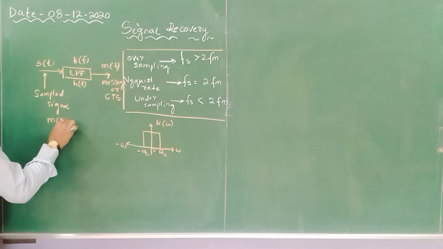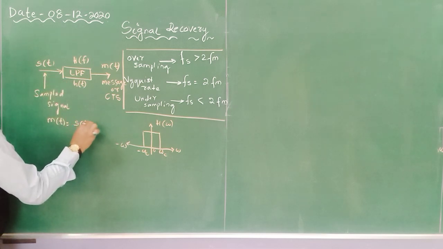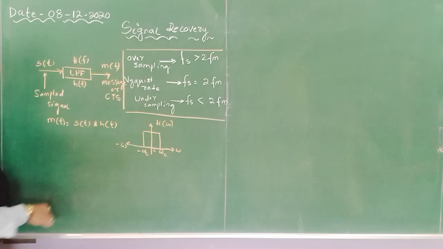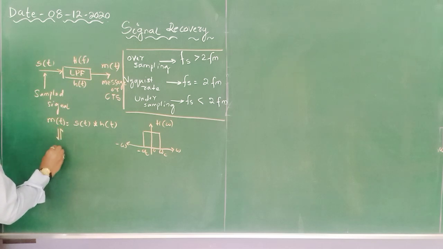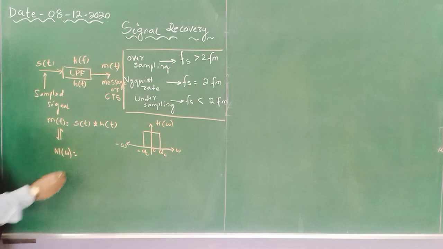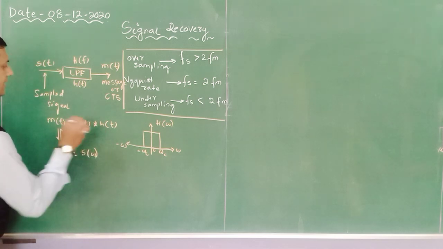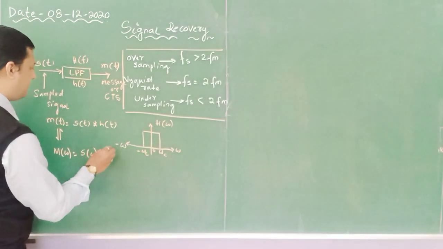So here I will write m(t) equals s(t) convolution with h(t). If I take the Fourier transform, M(omega) equals S(omega) times H(omega), since the convolution property of the Fourier transform is simple multiplication.